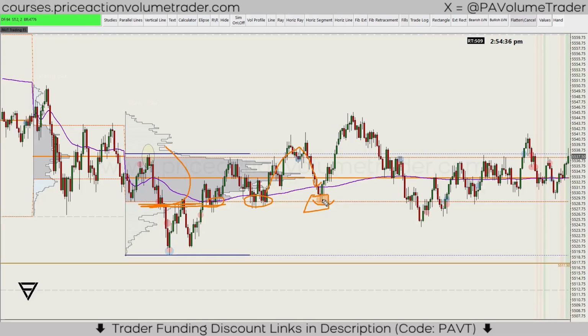What that means is we've got large passive limit buyers that are absorbing all this aggressive selling, and then they're loading up all their longs in order to then run it up, as you can see, back into higher levels. And this happens obviously on both extremes.